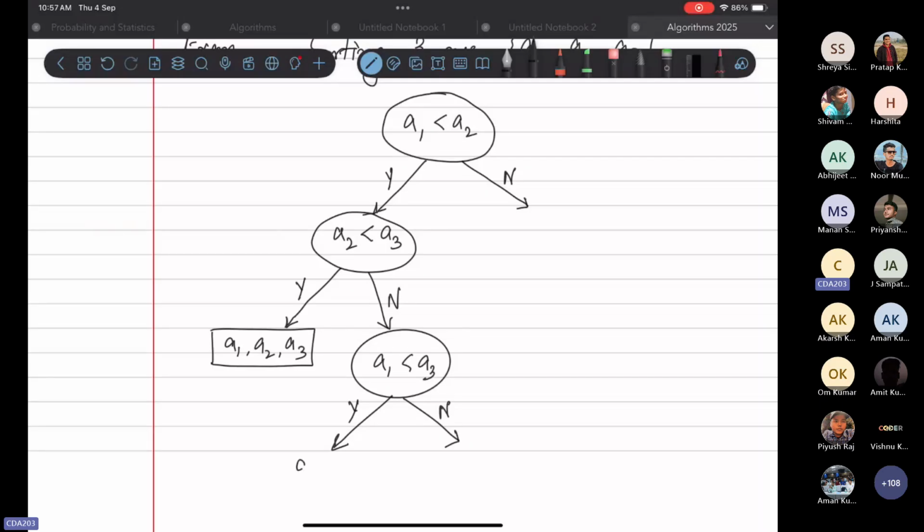Then I can say it's A1, A3, and then A2. And if I see a no at this point, I can also tell the correct order. A1 is less than A3, its answer is no, so A3 is the smallest. Then comes A1 and then comes A2.